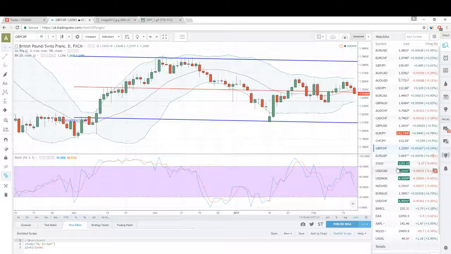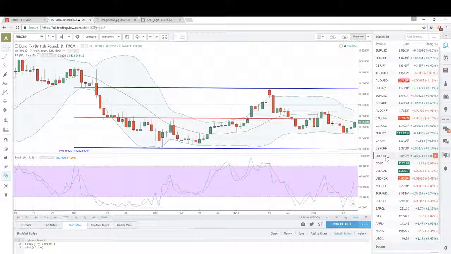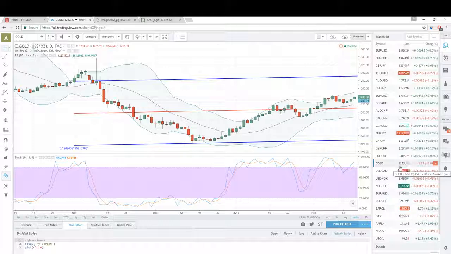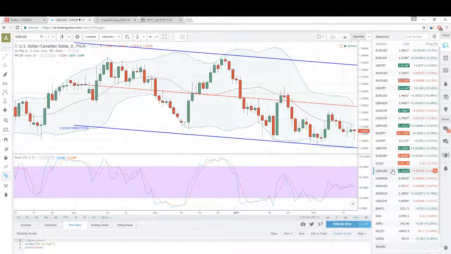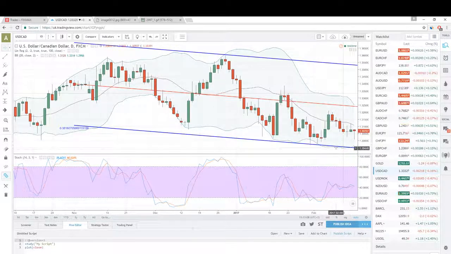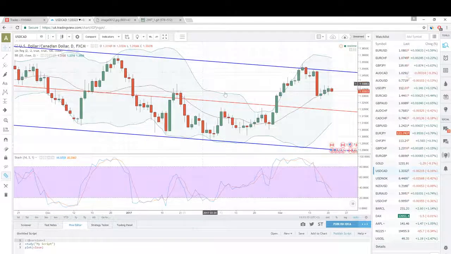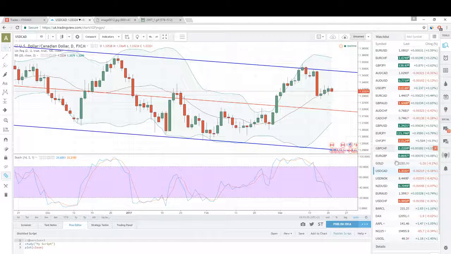So the sellers finally lost control over the market, and the buyers pushed the price much higher than the sellers, I'm sorry, within the previous period of time. So this pattern is pretty easy to determine, and pretty easy to understand how it works, and how to act if you see this pattern on the market.